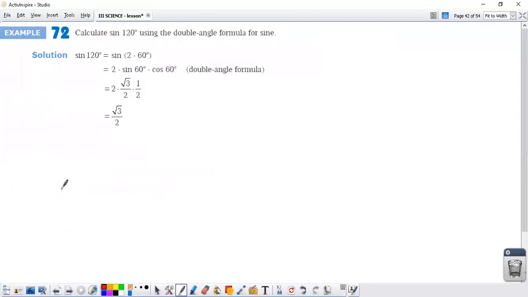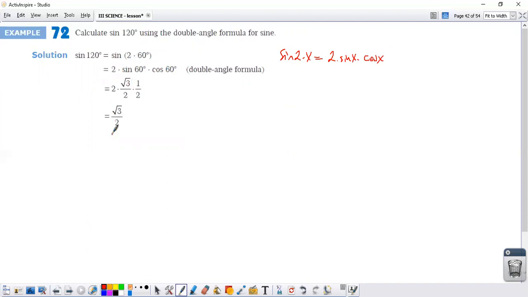For example 72, we will find the measure of sine 120 by using the double angle formula for sine. So 120 degrees is equal to 2 times 60 degrees. And sine 2 times 60 degrees is 2 times sine 60 times cosine 60, right? Because it was sine 2x. And sine 60 is root 3 over 2 and cosine 60 is 1/2.